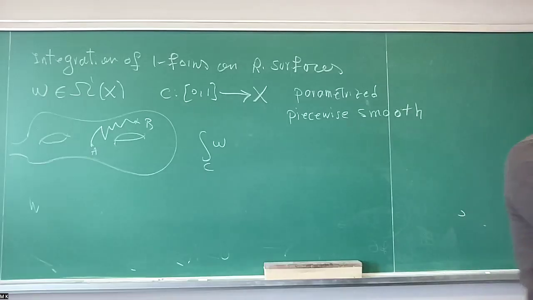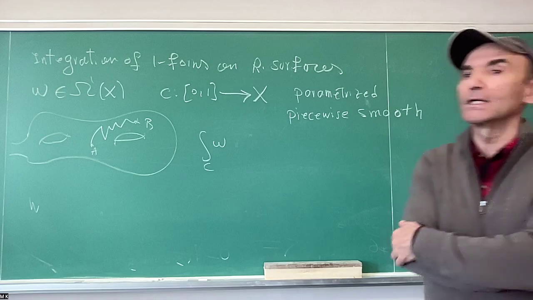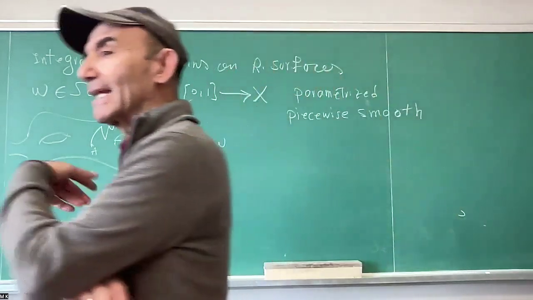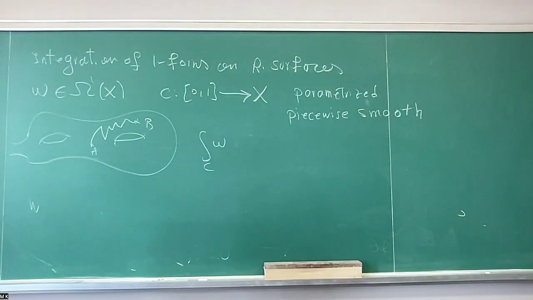So how do we define this? You know how to integrate one forms over curves in R n, right? In n-dimensional spaces, for example, but we are over a Riemann surface. What would you do in this case?